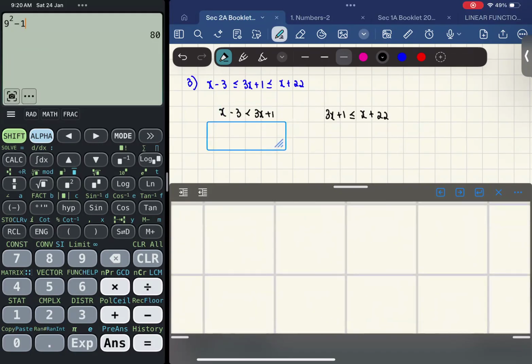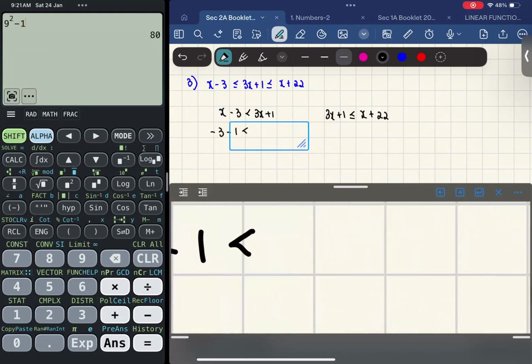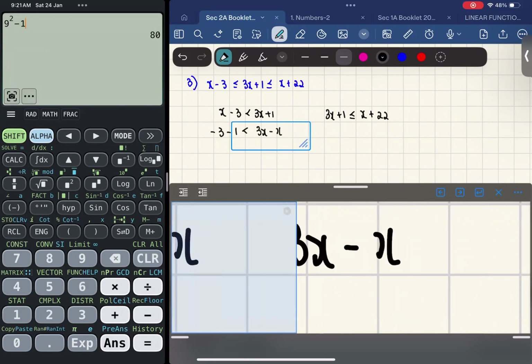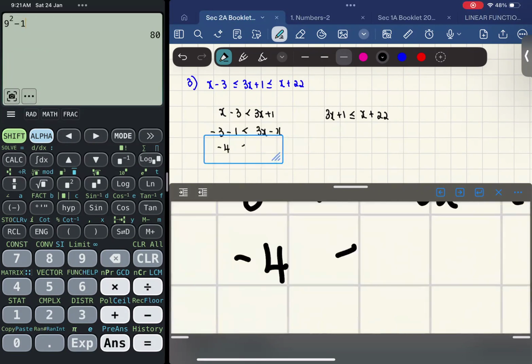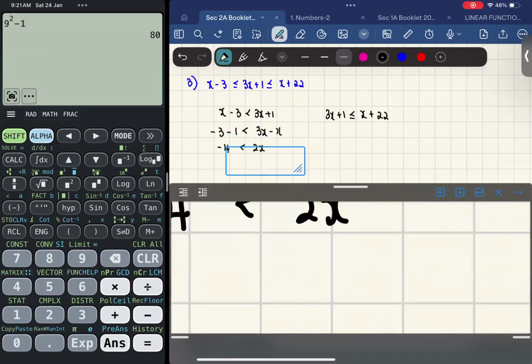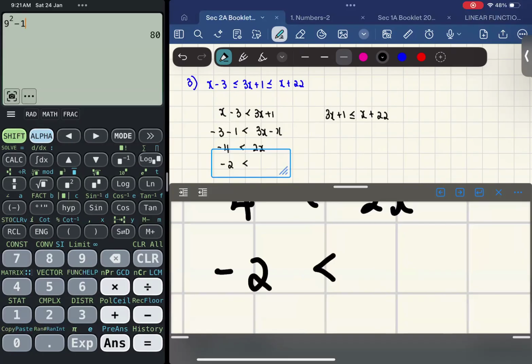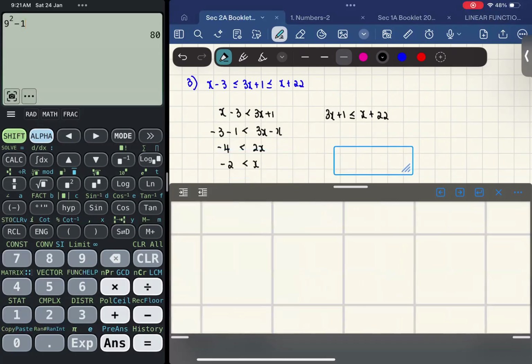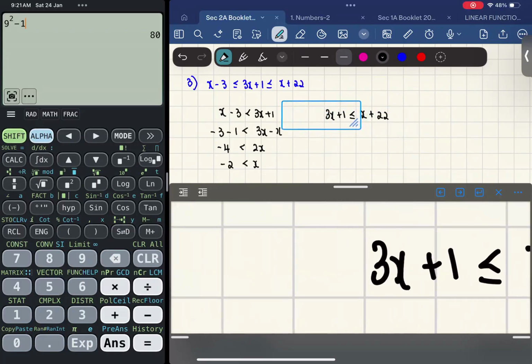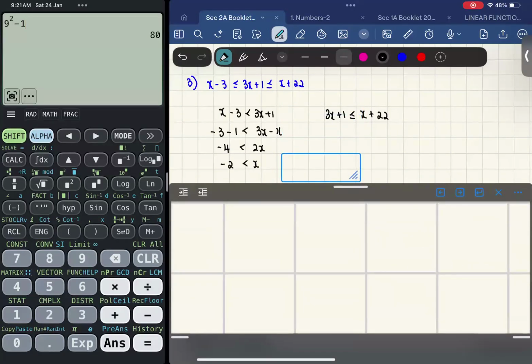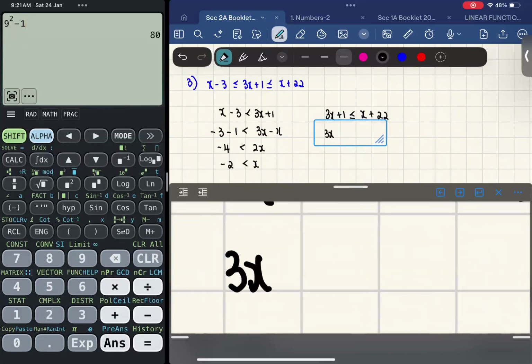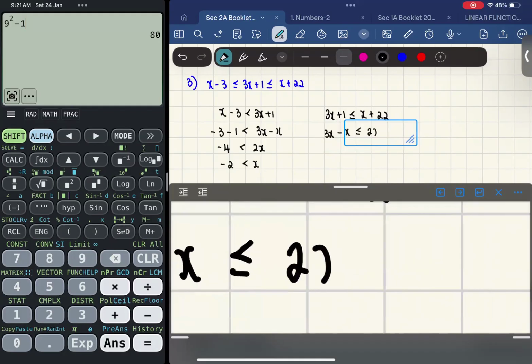Okay, this one here, negative 3 minus 1 is less or equals to 3x minus x. Negative 4 is less than 2x. Negative 2 is less than x. Okay, this one here, we're gonna make x onto the left-hand side. So it is 3x minus x is less or equals to 22 minus 1.